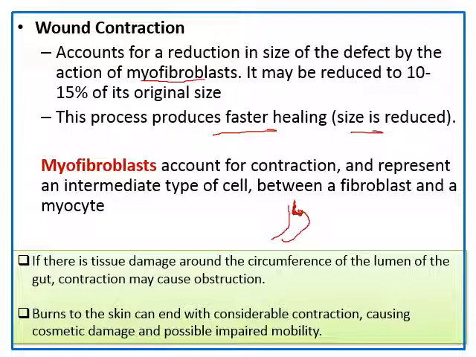The lumen is narrowed, tightened because of this contraction, so it may lead to obstruction. Again, burns to the skin end with considerable contraction, and this causes cosmetic damage and possible impaired motility. Of course, if the scar is around a joint, like for example the elbow, and the skin here is contracted, this may interfere with the mobility of the elbow joint.